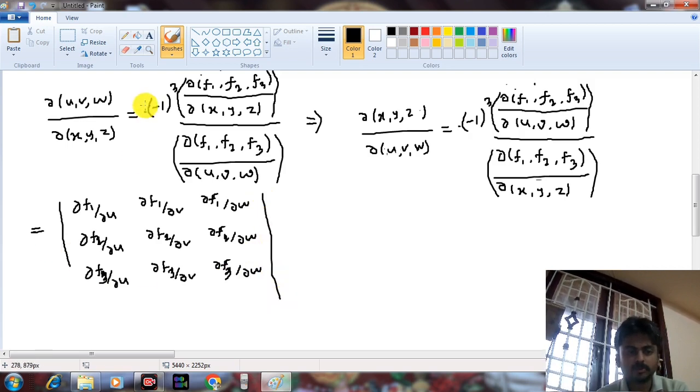So we have minus 1 cube of this, minus 1 cube is minus 1, divided by this.